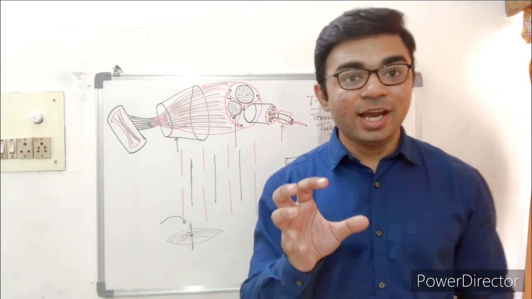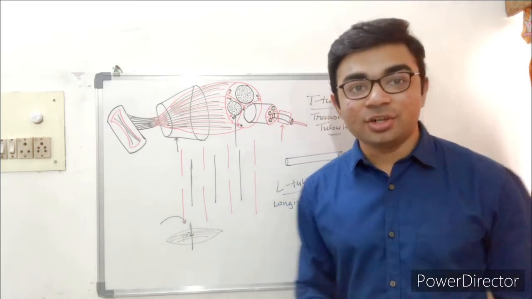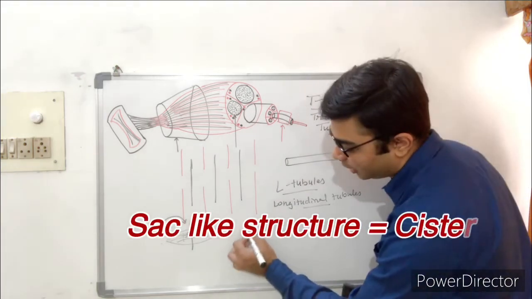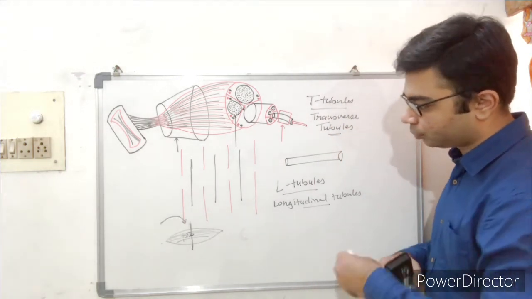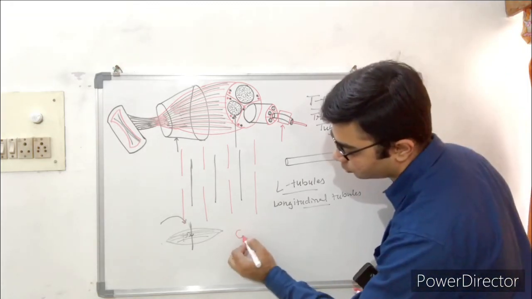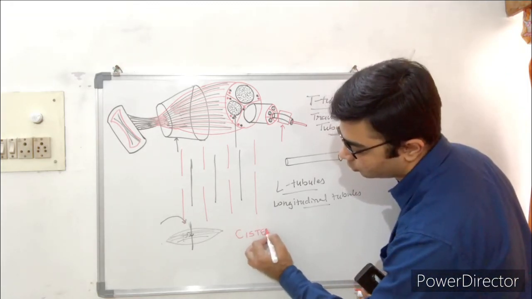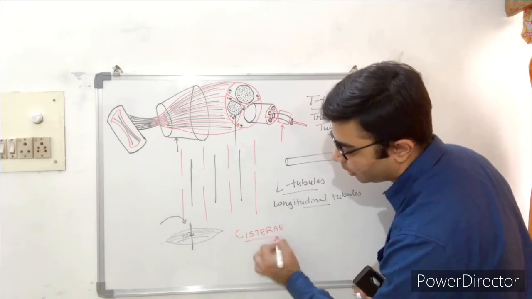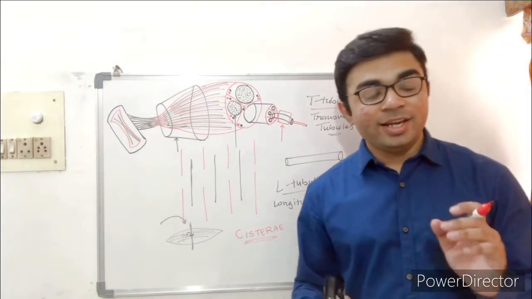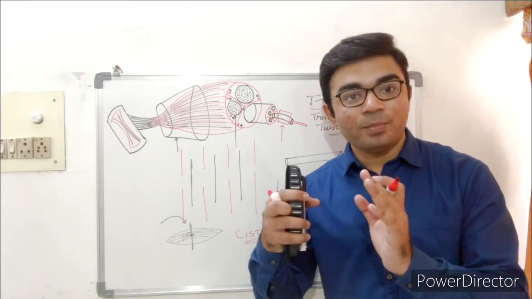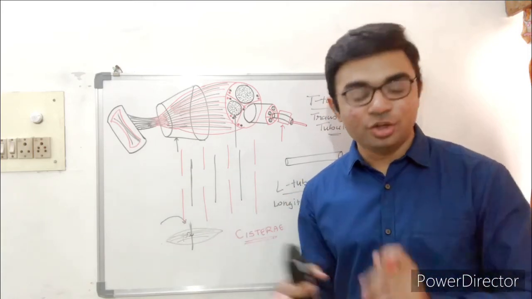This sac-like portion is known as a cisternae. Let me write it over here. This forms a cisternae. And this cisternae lies just by the side of the T-tubules.